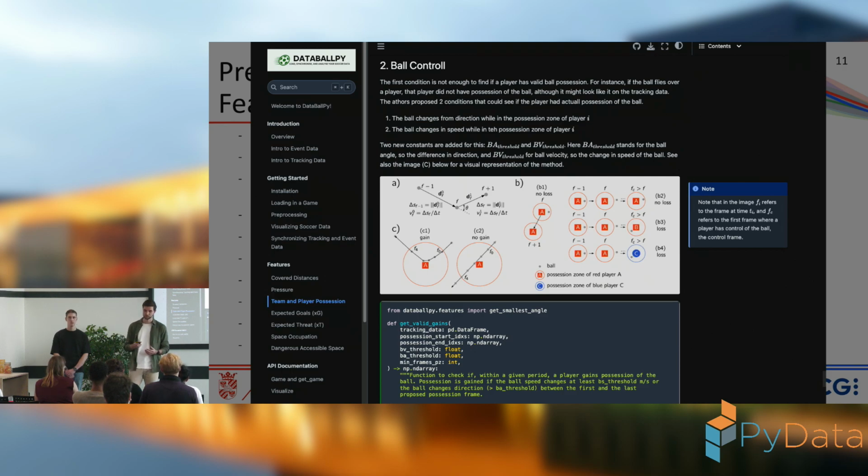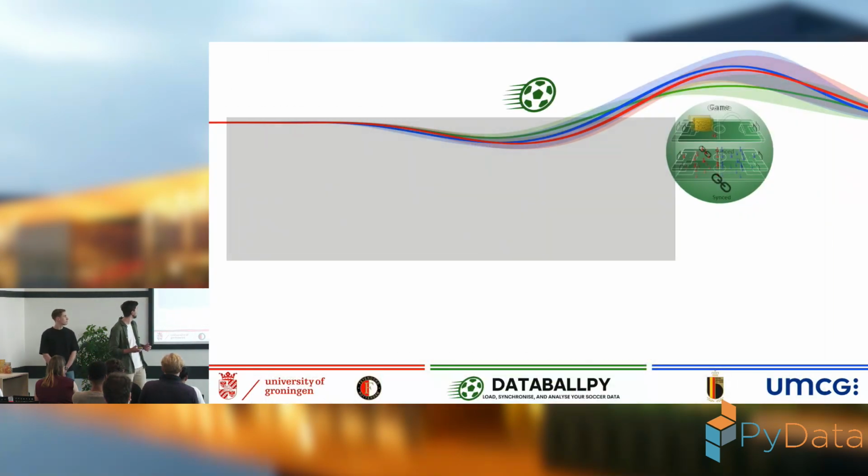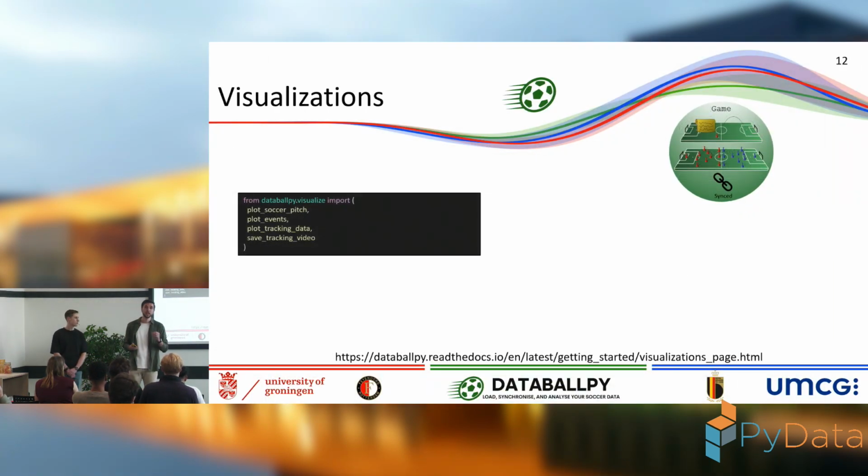Now the last thing I want to show you, and I'll touch on this shortly, is the visualization module within DataBallPy. The one I use the most by far is saving a video of the tracking data and event data together. All the features that I just showed you, you can also visualize over time with the tracking data here. And I use this a lot because it gives us contextualized information about the tactics, about what is happening on the pitch.